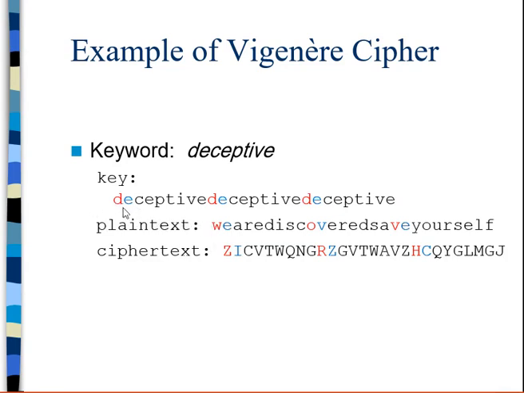It means that D is shifted by W. We need to shift the first letter D by W, which leads to Z. Then for E, we shift E by E, which leads to I, and so on, till the end of your plaintext.